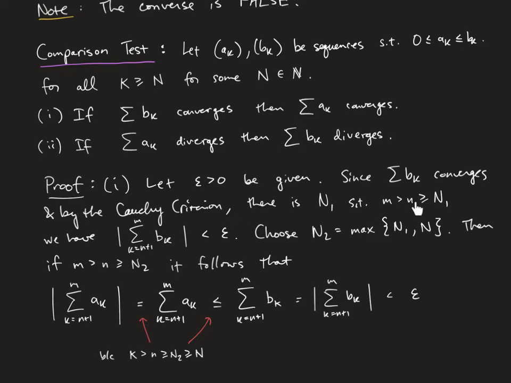So m and n are bigger than or equal to n1 because they're bigger than or equal to n2. Okay, so this one is because m is bigger than n, is bigger than or equal to n2, which is bigger than or equal to n1. Okay, so that proves the first point.